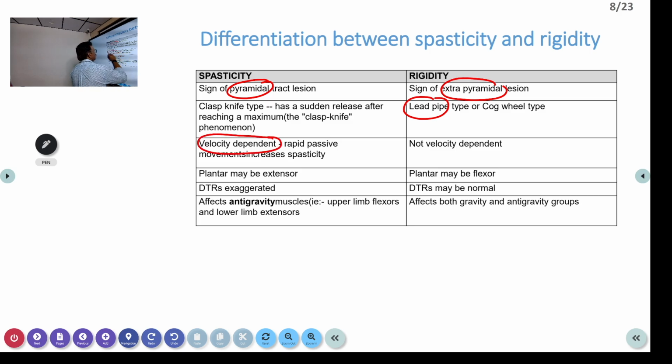If you increase the speed, the spasticity will increase. Plantar may be extensor, so this is a sign of pyramidal tract lesion. DTRs are all exaggerated in spasticity, whereas in Parkinsonism deep tendon reflexes are normal, but in Parkinson plus syndrome, we can see DTRs may be exaggerated.